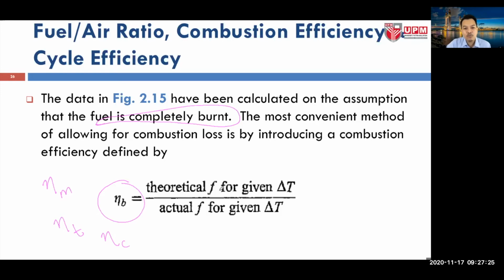the combustion efficiency, which is given by the theoretical value of the fuel air ratio for a given temperature difference and the actual fuel air ratio for a given temperature difference.